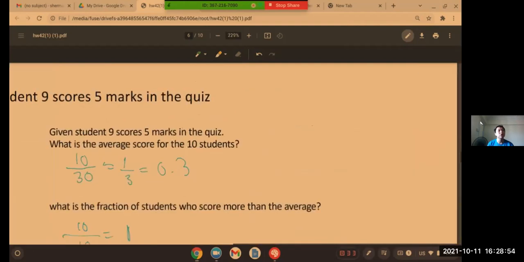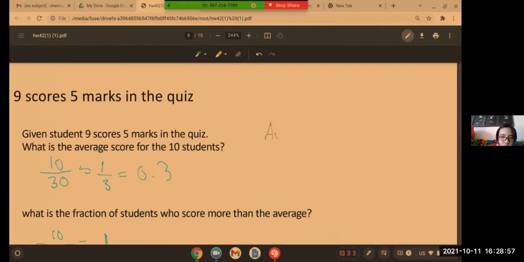How do you do average? Average score equals total score divided by number of students. Yeah, now you're correct.